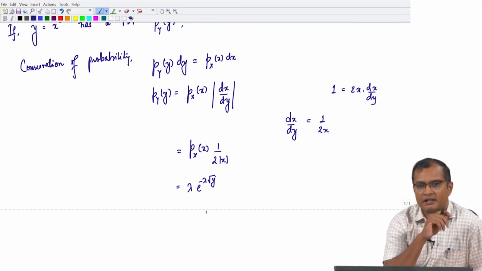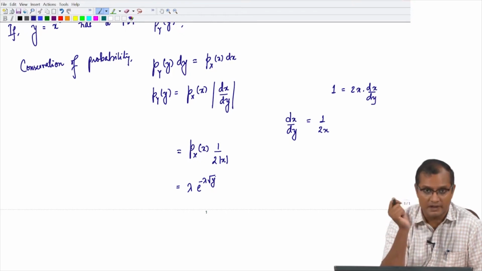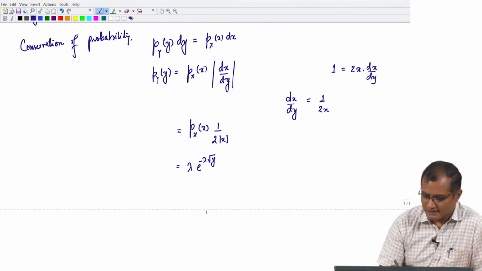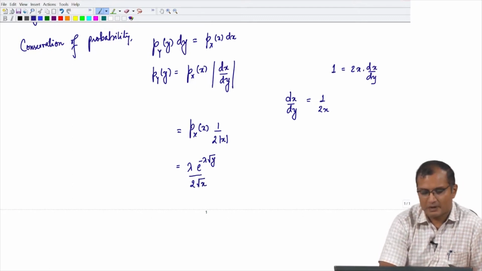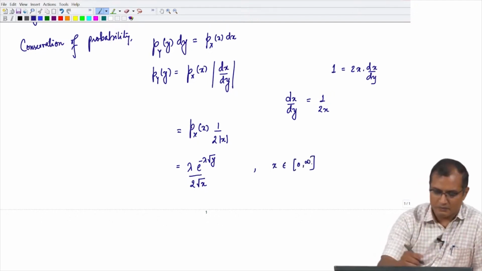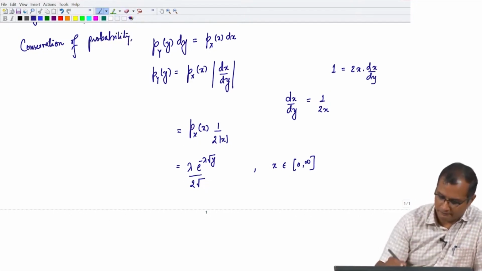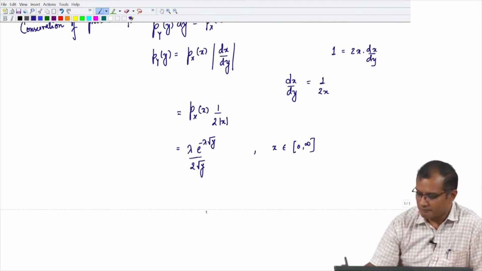I will not take x as minus square root of y, because x is defined in the range 0 to infinity. So, I am going to take only the positive value of x, and I have in the denominator 2 times square root of x, because recall that my x was defined in the range 0 to infinity. Correction, this is square root of y. Okay. So, this is going to be my PDF.